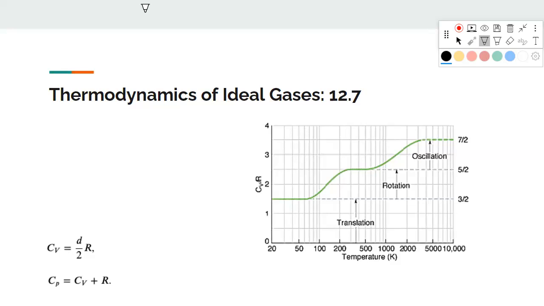If the temperature of the gas isn't hot enough, you won't manage to excite those oscillatory modes of energy. And it turns out that the transition temperatures are dependent on the mass of the gas, basically, and how strong its bond is.